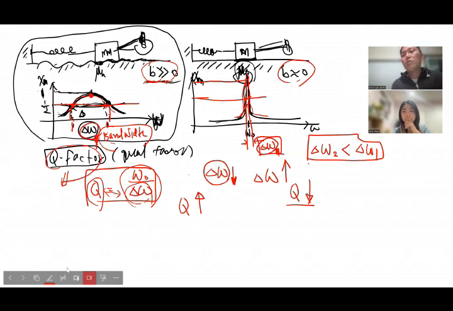So that Q value is sometimes used to indicate the quality of resonance. If there is a low frictional force or lower damping term with the harmonic oscillator, then that Q value is high.